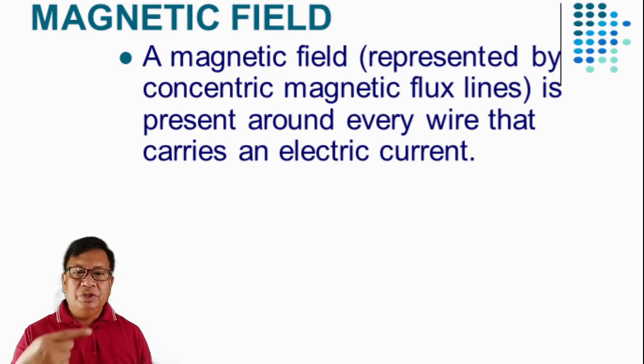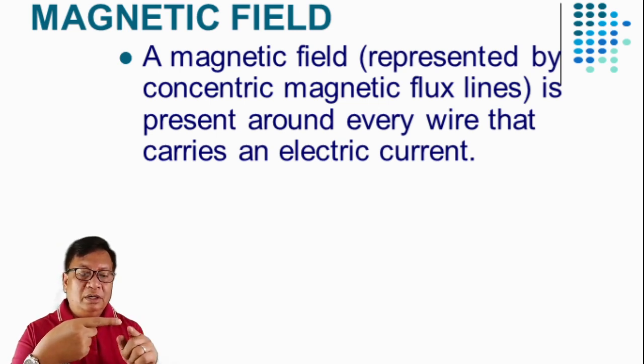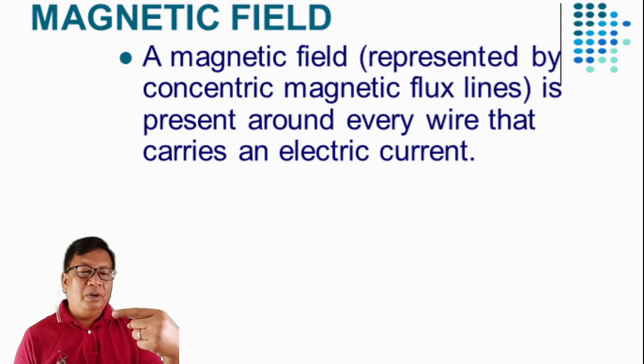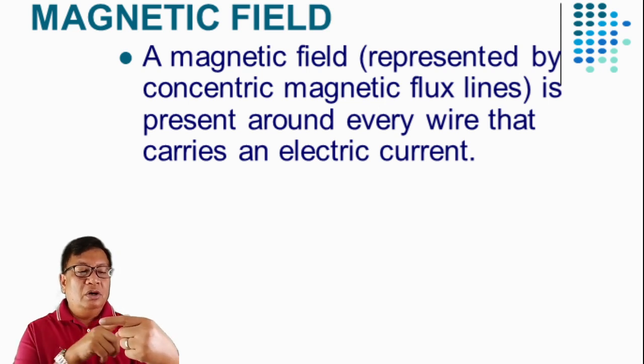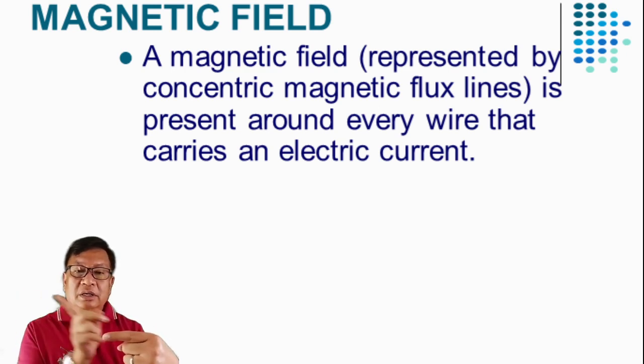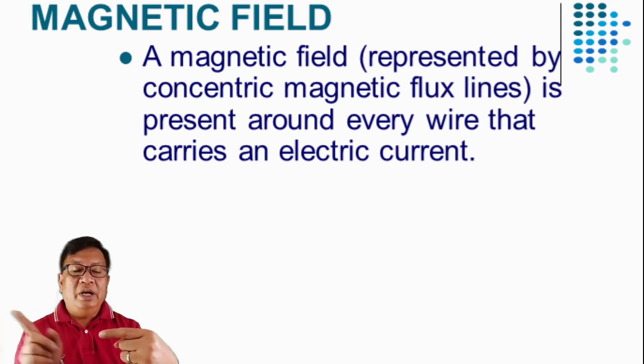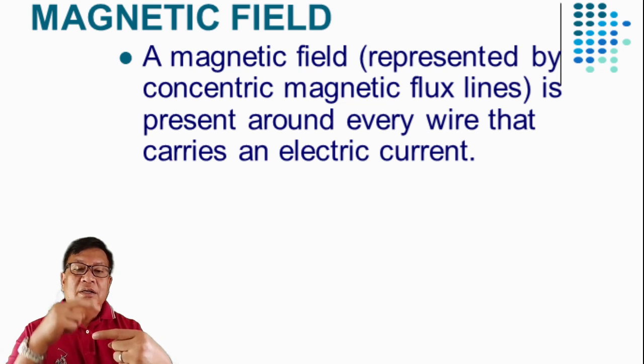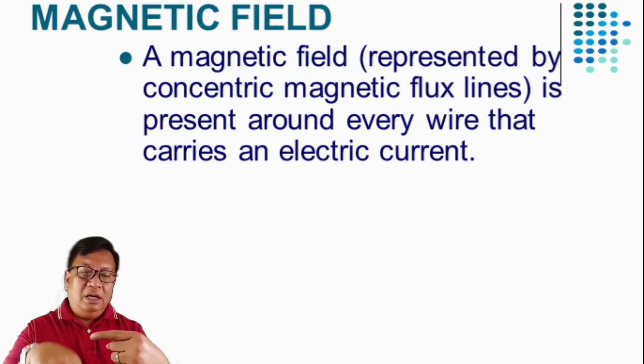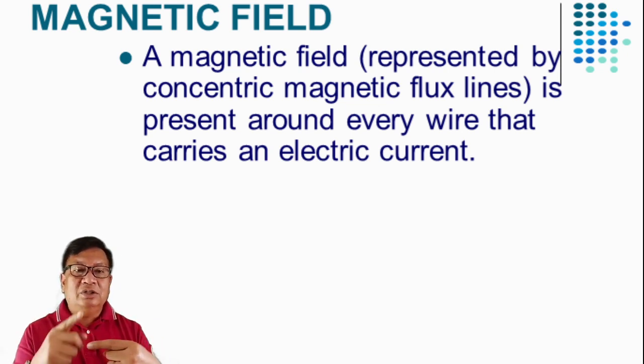Okay, so consider this conductor. So example lang, mayroon po tayong conductor, ito po, conductor, no? So, if this conductor, mayroon po itong kuryente, mayroon po itong current na nagfo-flow at this direction, no? In this direction, so mayroon pong concentric magnetic flux na mag-rotate, okay, na mag-rotate around this conductor.